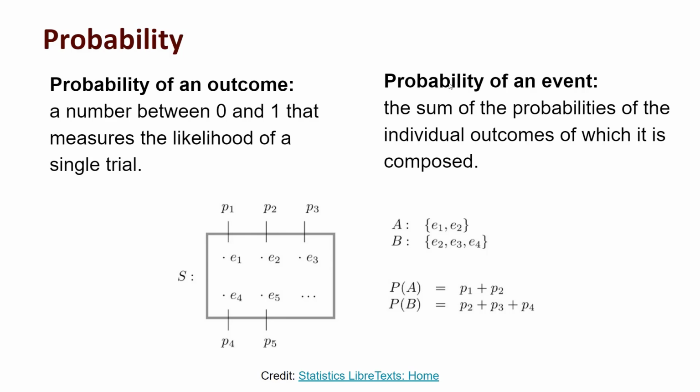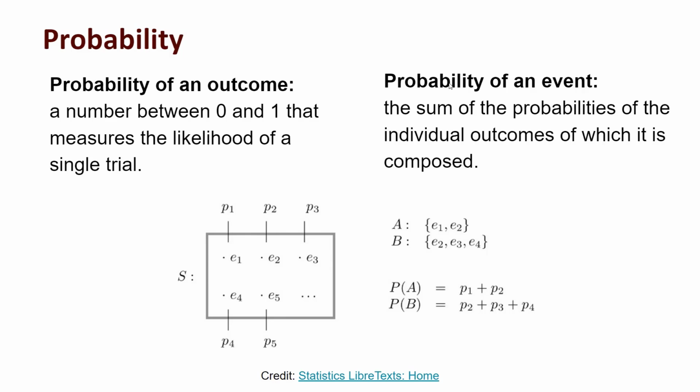So for example, A describes a certain event where outcome 1 and outcome 2 could happen. And B includes the possible cases when outcome 2, 3, or 4 could happen. The probability for A to happen is simply the probability of outcome 1 plus the probability of outcome 2, if they are completely independent outcomes.